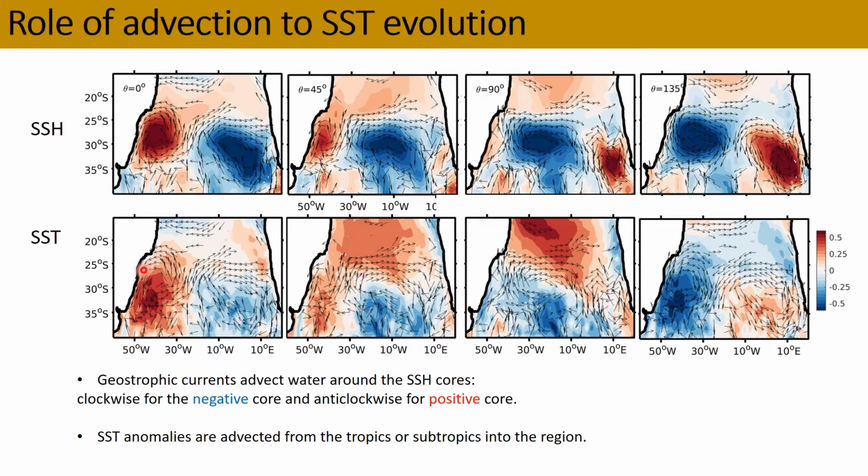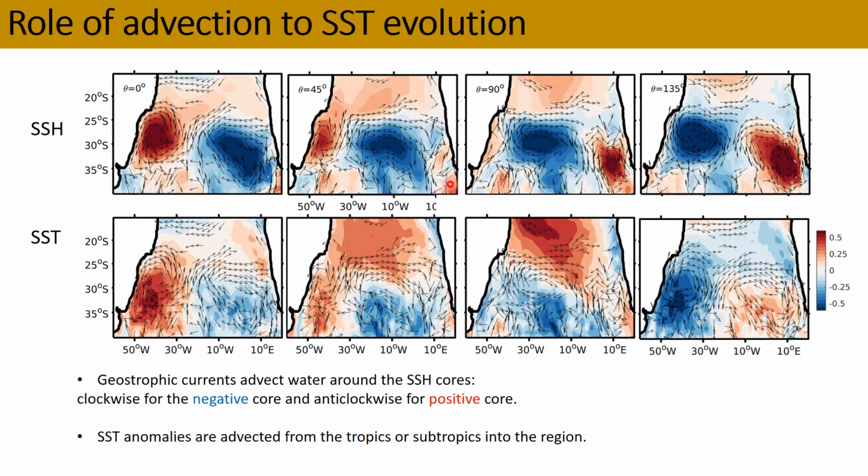But if you look at this propagation, exactly when you have this warm blob of sea surface height, we have ocean velocities and the advection of more tropical waters towards the subtropical region, and the opposite for the negative. For the negative side, we have northward velocities and advect these cold anomalies towards the region.